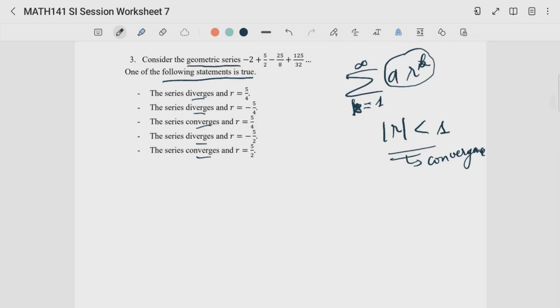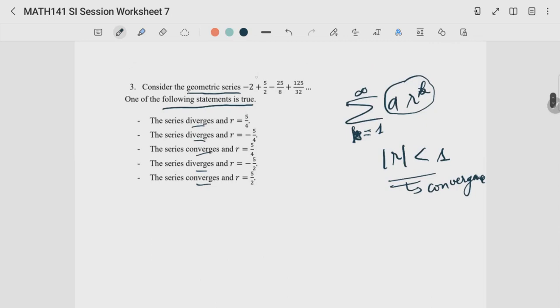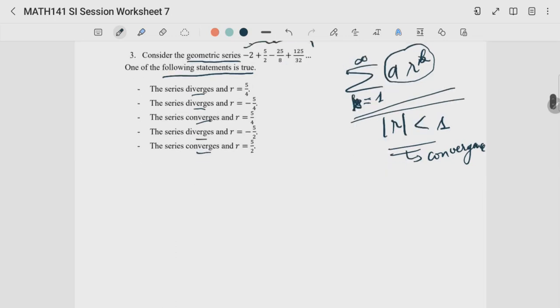Here we are not given the summation formula of the series. We are just given the first few terms, and using that, we have to determine the summation formula of the series and then check for convergence, right? So you have two jobs.